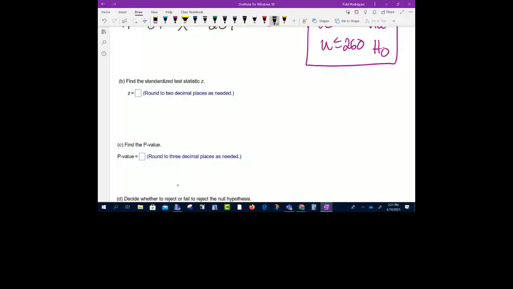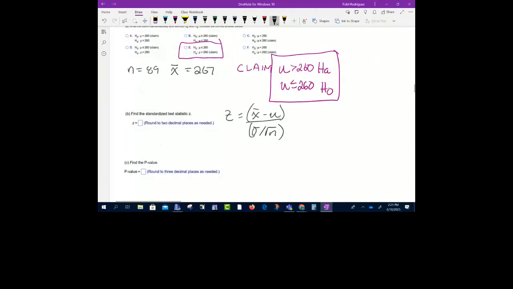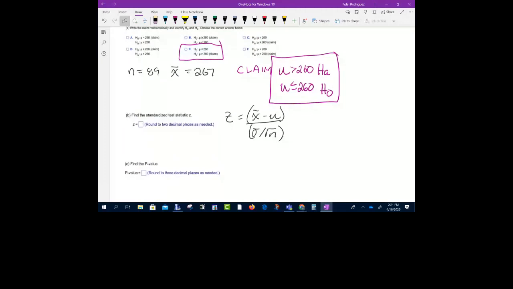So this is what we're going to do. We're going to use this formula right here, okay? Let's see if we can find our standardized test statistic, y'all. What do we say our x bar was? You said it was 267, right? What was the mu?